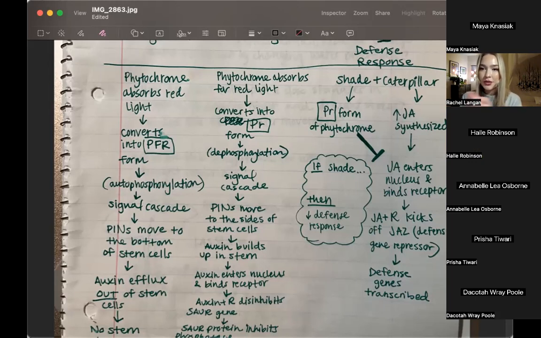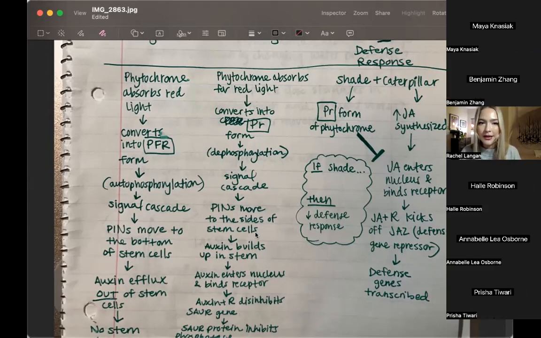And when it's in those two forms, it does a different signaling pathway. If it converts to the PFR form, it's going to do a signal cascade that moves PINs to the bottom. If it converts to the PR form, it's going to do a signal cascade that moves PINs to the side. And that's why those two different forms are significant, because they tell the cell to do two different things.